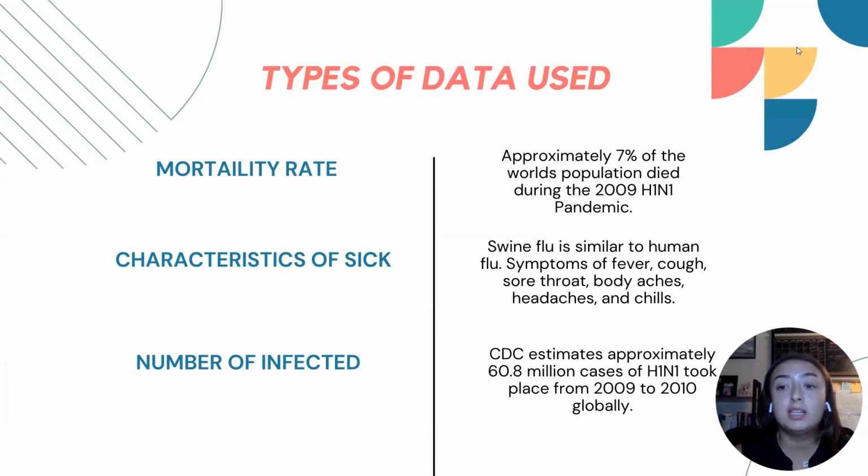Approximately 60.8 million cases of H1N1 took place from 2009 to 2010. The data is very alarming, and because of the similarity to the flu, there would need to be testing to determine the strand. Medicine given at the time could only help the symptoms, but not fight off the H1N1 virus alone.